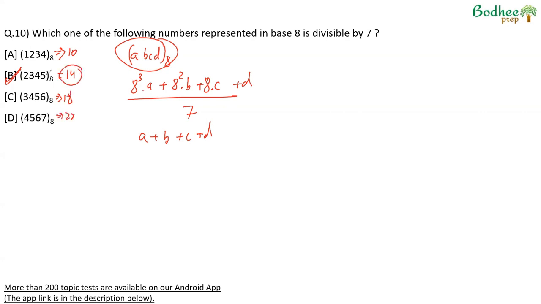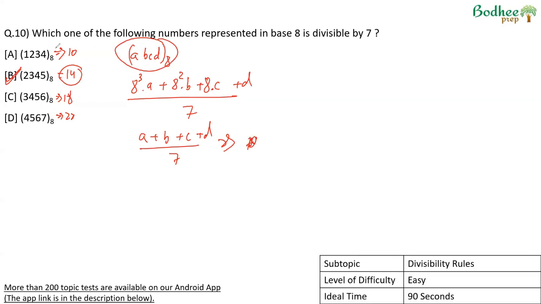The only possibility is when the sum of digits is 14, which is divisible by 7, and therefore the number will be divisible by 7 as well. Right? So option B becomes the answer. Again, if you have done a question earlier like this, it's a direct application of that concept. If you have not done it, then I think it would be a moderate level of difficulty. But someone who's finished the concept of number system should be able to do this without too much of a problem.